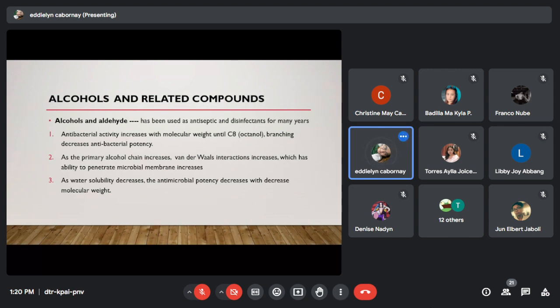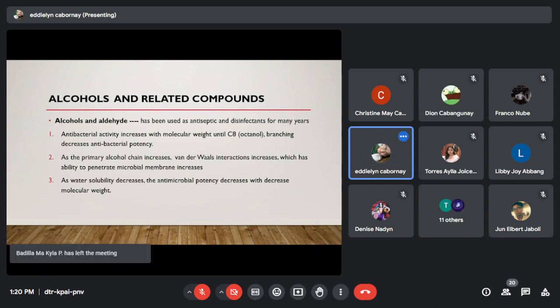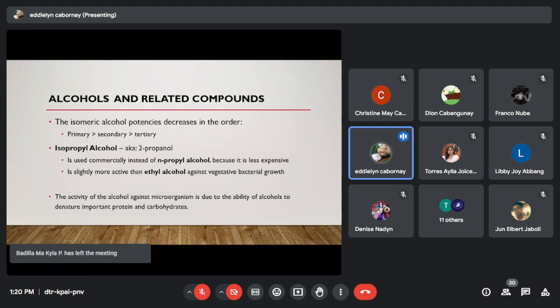Third, as water solubility decreases, the antimicrobial potency decreases with decreased molecular weight. The isomeric alcohol potencies decrease in the order primary greater than secondary, and secondary greater than tertiary, because as mentioned earlier, as branching increases, it decreases the antimicrobial potency of certain antiseptics.